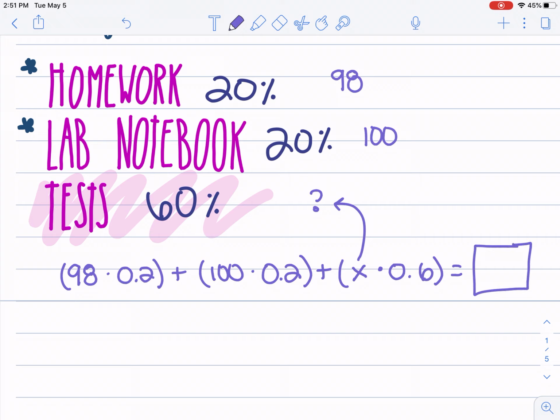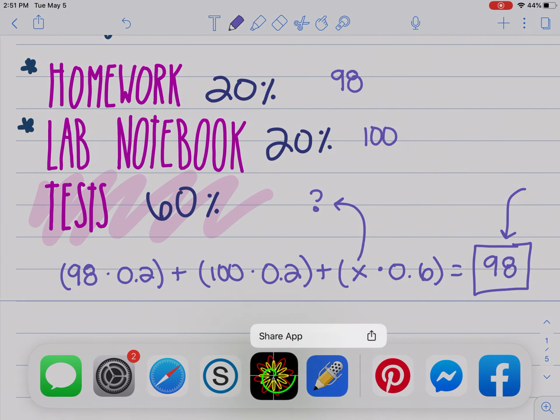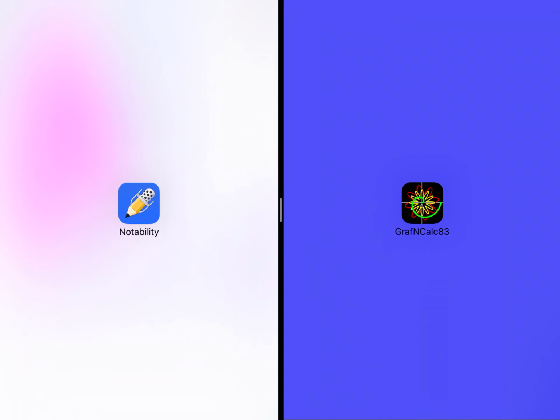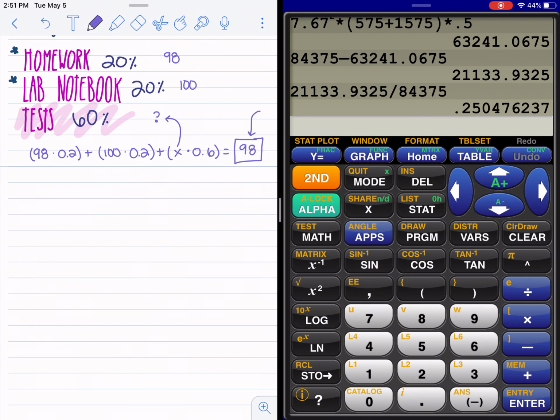And that goes here. What grade do you want or hope to get in this class? Let's say you are shooting for a high A. So let's just type in a 98 for right now. And I'll do a couple different scenarios to show you the difference this makes.